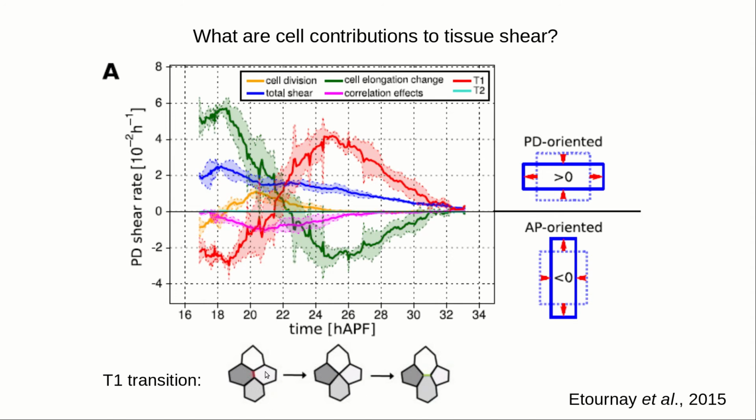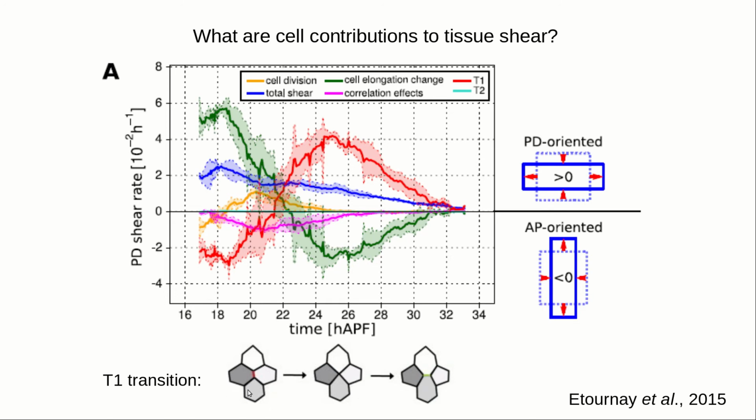So here's the thing with T1 transitions. They are normally triggered by shearing, by the tension of cells being pulled. So when these cells in the horizontal plane are being pulled, their interface becomes shorter, and eventually it is replaced by another interface.